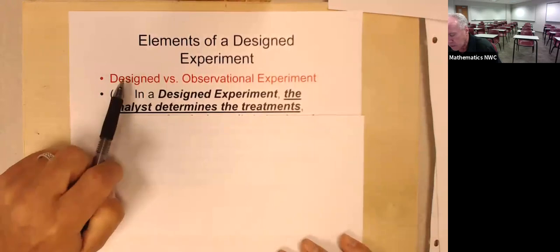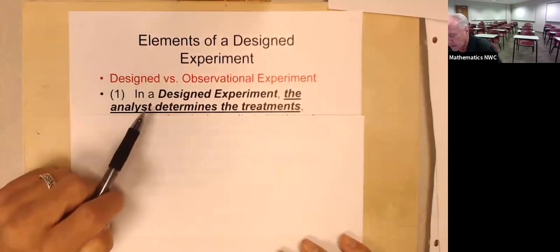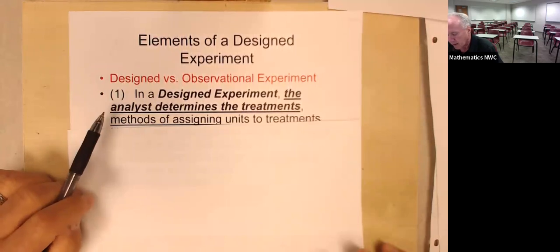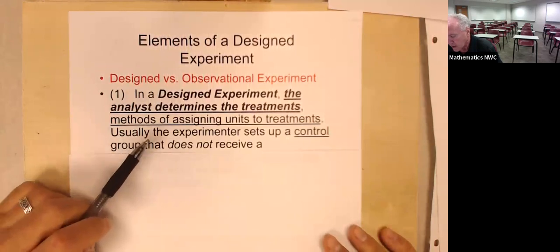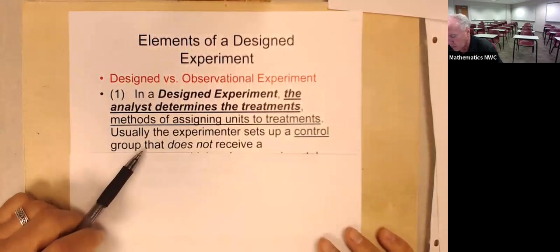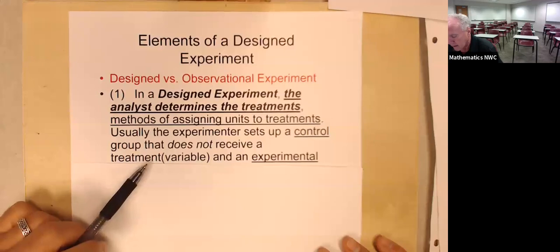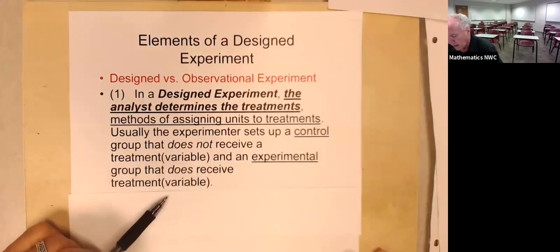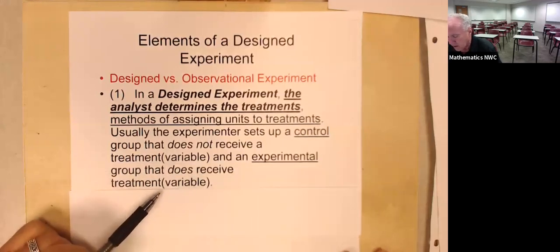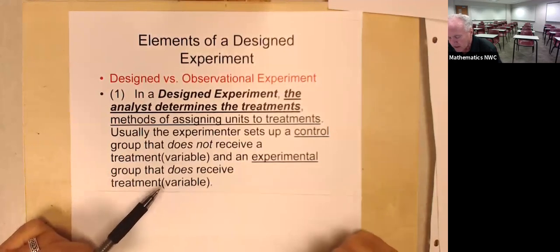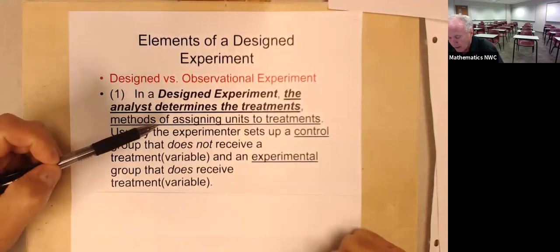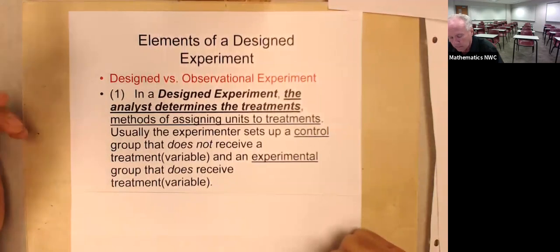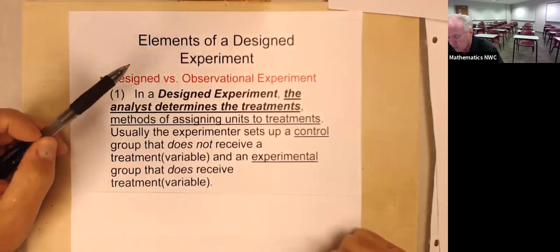In a designed experiment, the first one, the analyst determines the treatments, the methods of assigning units to treatments. Usually the experimenter sets up a control group that does not receive a treatment or some variable, and an experimental group that does receive some treatment. Maybe the easiest way to understand this would be, let's say we're testing a drug. We would break up the people that are going to be considered for this experiment into 2 groups.